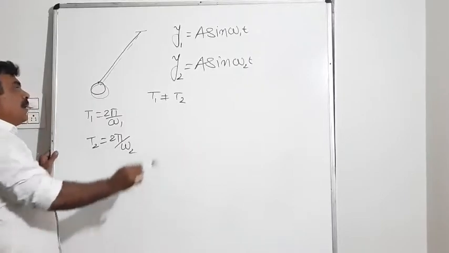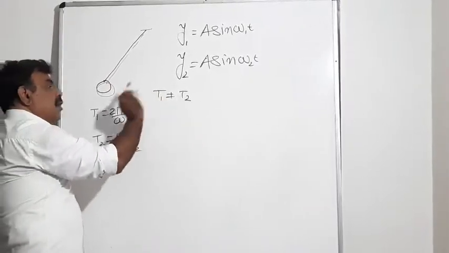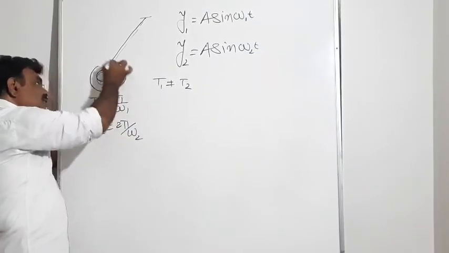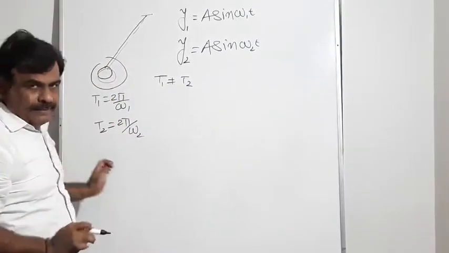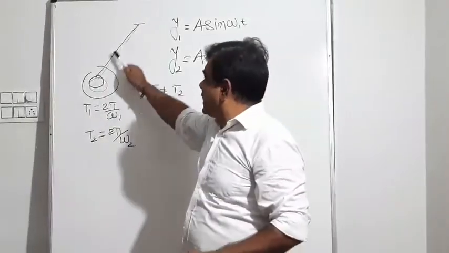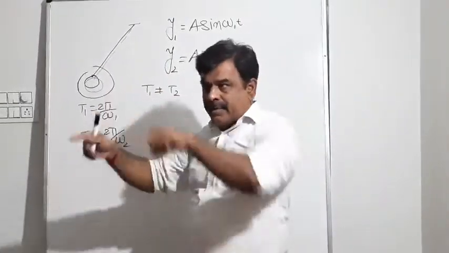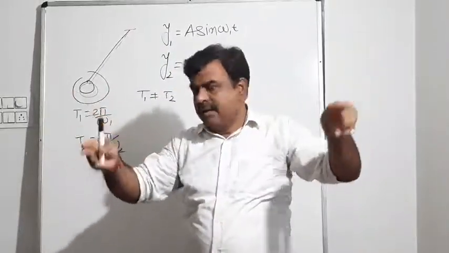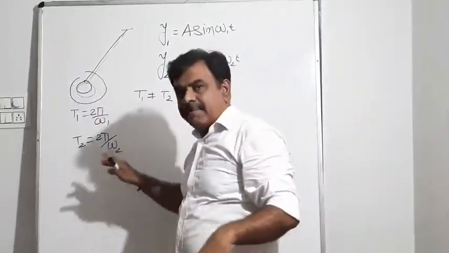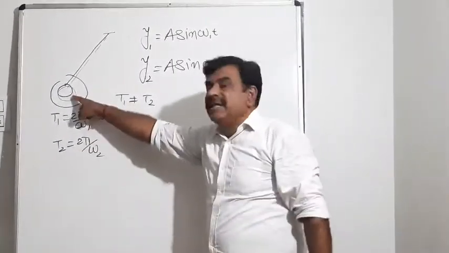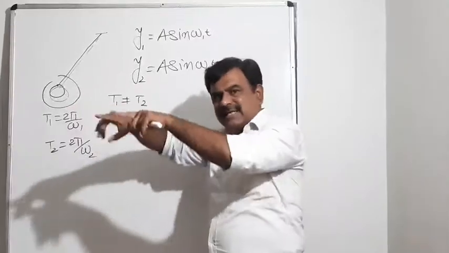Then after how many oscillations or after what time will this situation again be attained? Initially both oscillators start from the same point. They start to oscillate, then they start to differ from each other because the periodic times are different. After some oscillations, again they will meet at the same point.